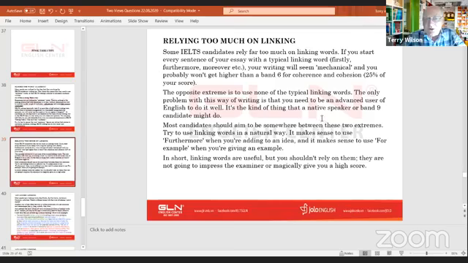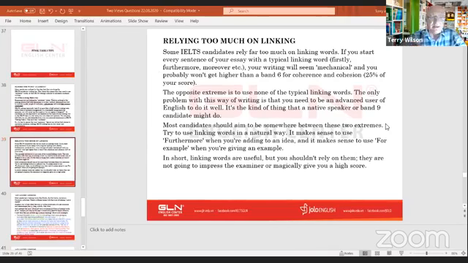So most candidates should aim to be somewhere between these two extremes. Try to use linking words in a natural way. It makes sense to use furthermore when you're adding an idea, and it makes sense to use for example when you are giving an example.